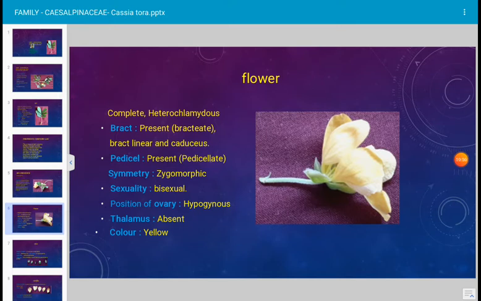That ovary is described as a superior ovary or hypogynous ovary. Thalamus is absent in this flower. And the color of the flower is a beautiful yellow. Okay. Next.